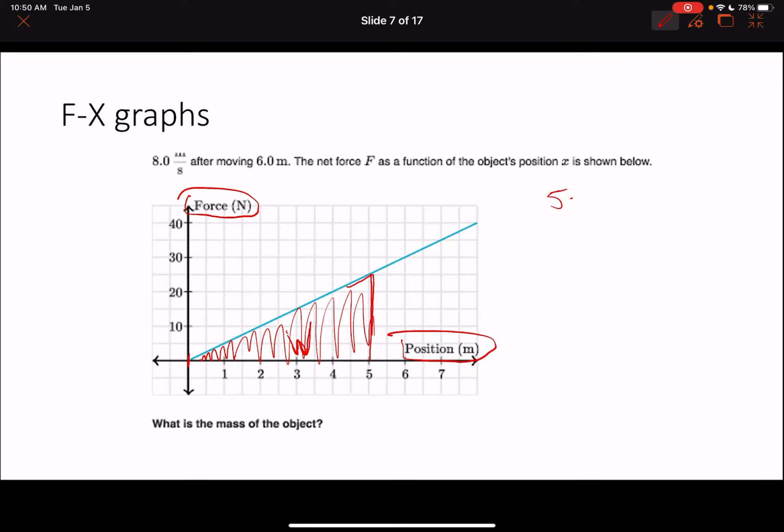The height goes up to 25. And then we want to do 1/2 times that because it's a triangle. So 1/2 base times height: 1/2 times 125, which is 125 divided by 2. You get 62.5. And that would be our work done because the work is the area underneath the curve.